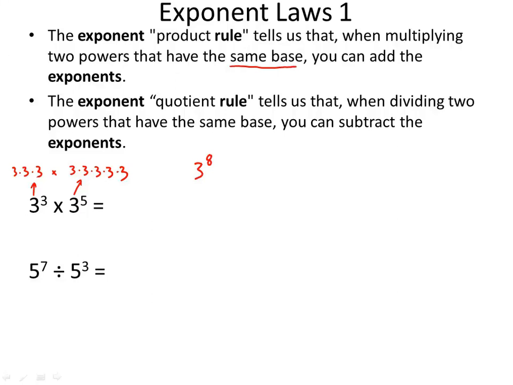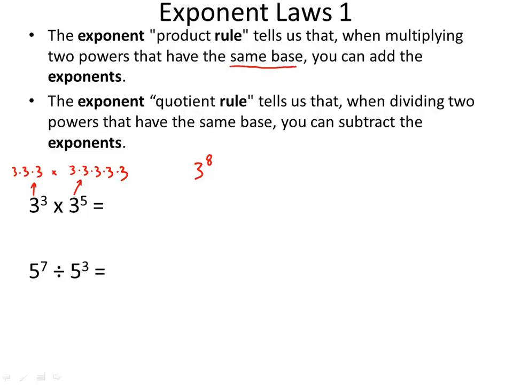So whenever you have the same base, instead of counting all these threes out, you can simply add 3 plus 5, and that equals 8. That's what we usually do as a quick little trick to save us some time. So 3 to the power of 3 times 3 to the power of 5, we can just add the exponents when we are multiplying, and that'll be 3 to the power of 8.